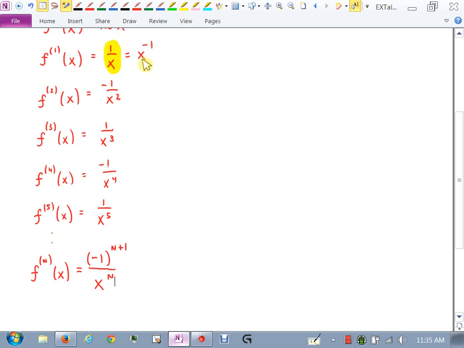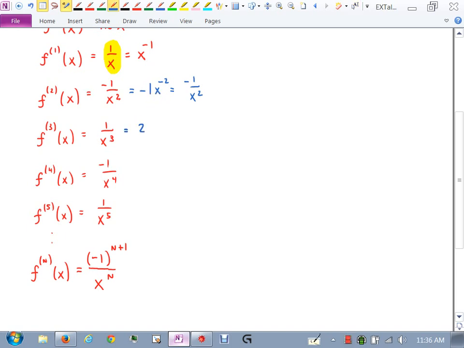When you took the derivative of this, what happened? Negative 1 came out, x to the negative 2. Let me write that down. That was negative 1 x to the negative 2, which turned out to be negative 1 over x squared. But what would happen if I take the derivative of this now? I would get positive 2 x to the negative 3.